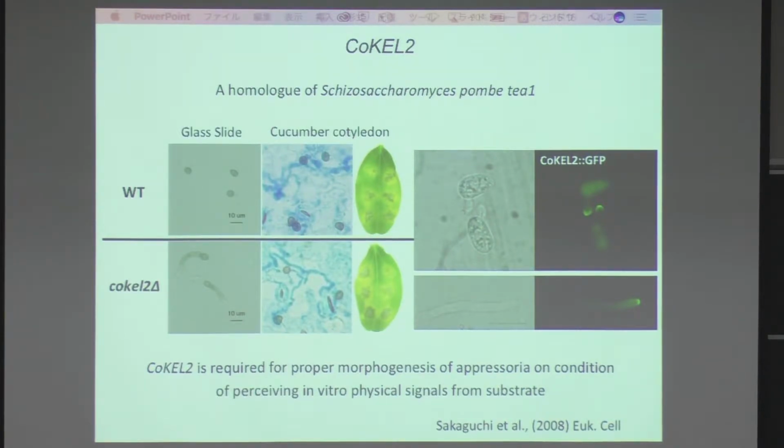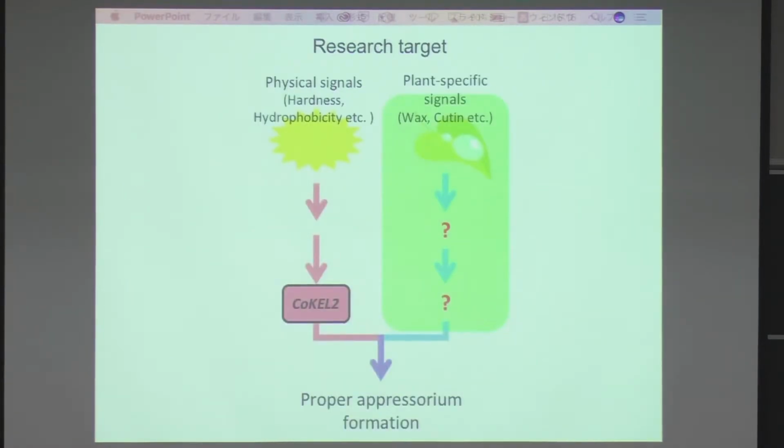So it was indicated that COK2 was required for proper morphogenesis of appressoria on condition of perceiving in vitro physical signals from the substrate. So it was hypothesized that there could be a redundant pathway.